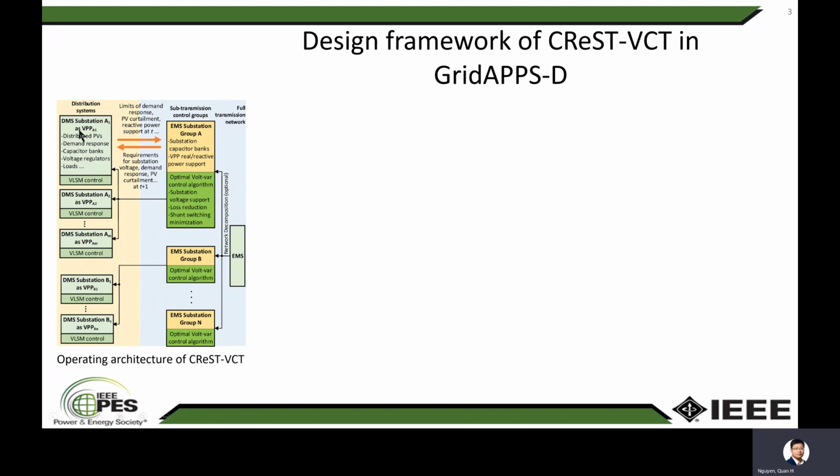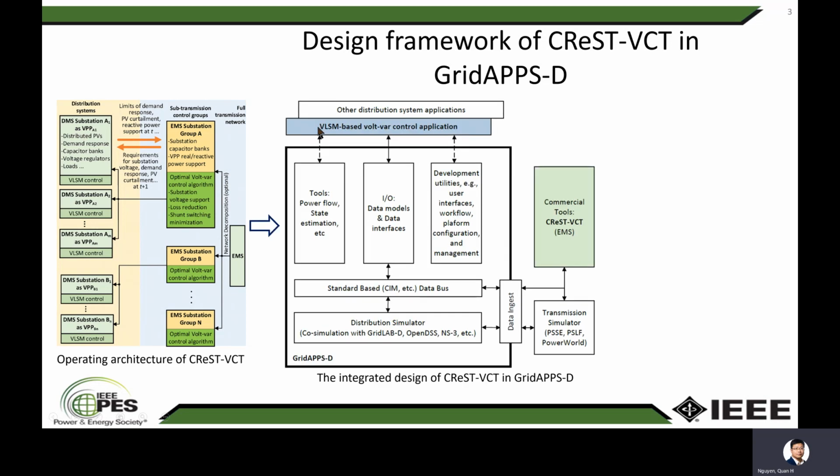The key part at the distribution level installed in DMS of CReST-VCT is called the voltage load sensitivity matrix based Volt-VAR control application. And this application, together with other distribution applications, can be installed in a platform called GridAPPS-D. And here is the overall architecture of GridAPPS-D.